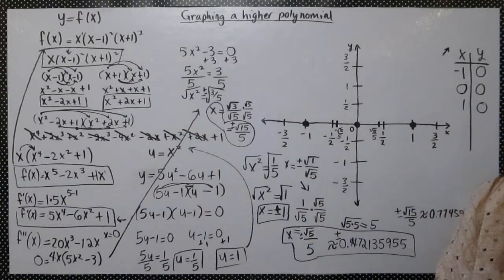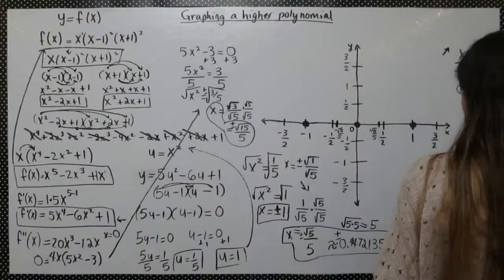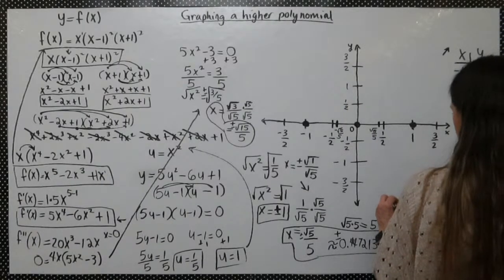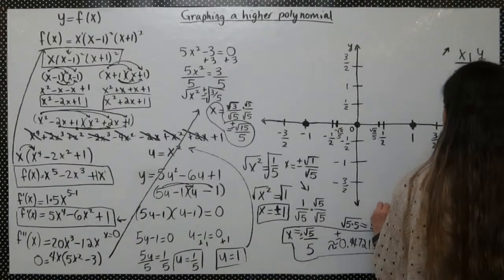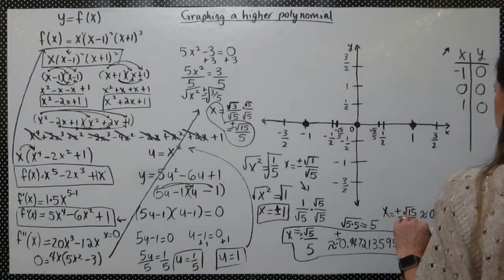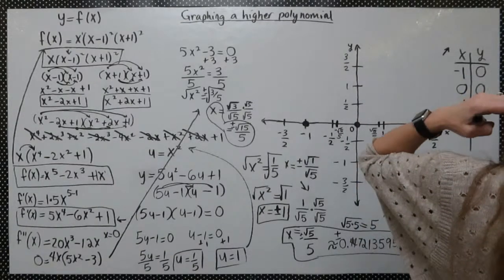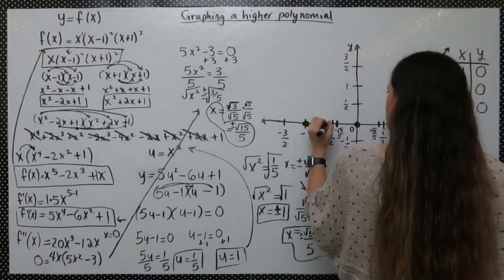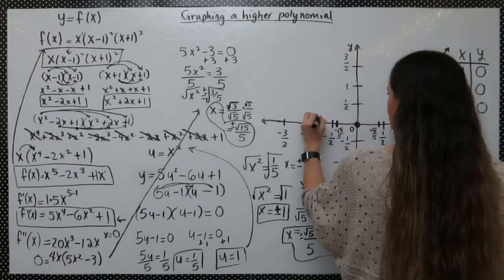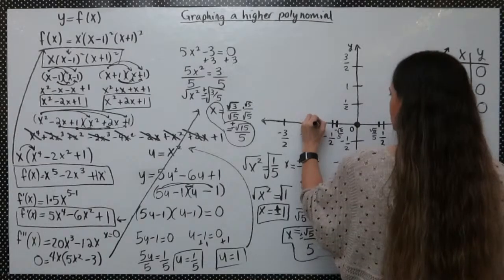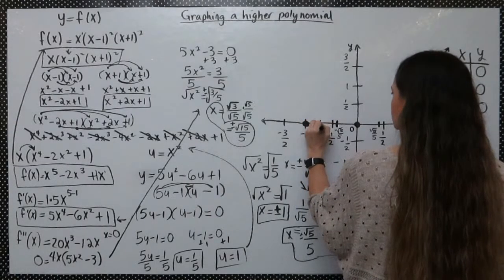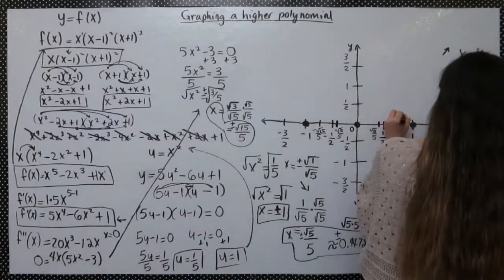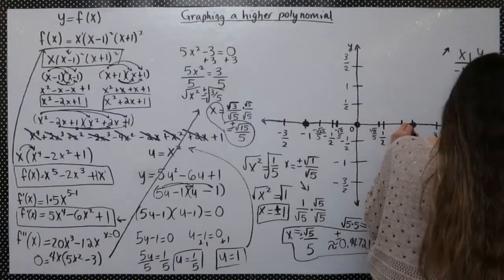Okay, good. So let's see, 0.7745 is a little close to 0.75, so it's probably in there. Negative radical 15 over 5 and positive radical 15 over 5.